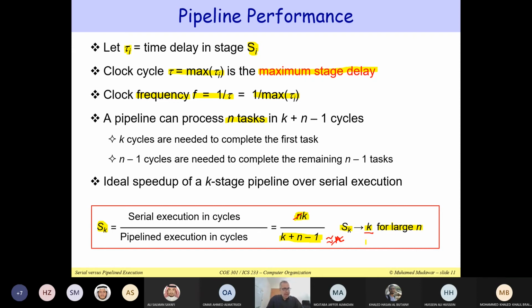So we expect the speed up to reach K for large N. This is what we call the ideal speed up over serial execution, when you compare it with serial execution.